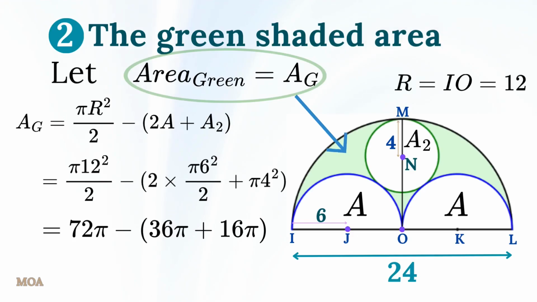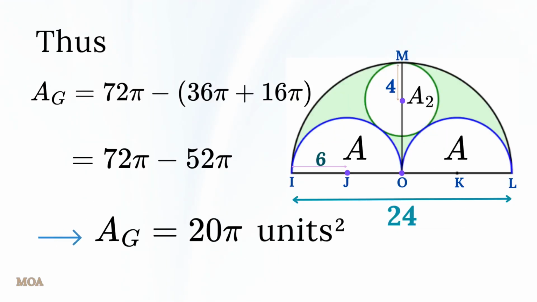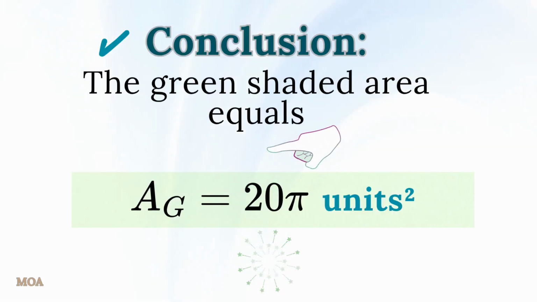This simplifies to 72 pi minus the quantity, 36 pi plus 16 pi, which equals 72 pi minus 52 pi. This yields 20 pi units squared. Conclusion: the green shaded area equals 20 pi units squared.